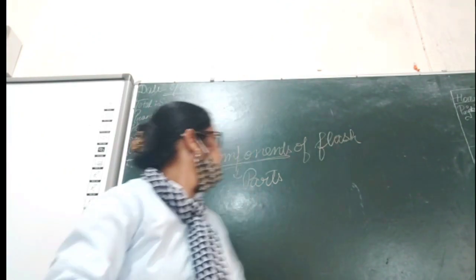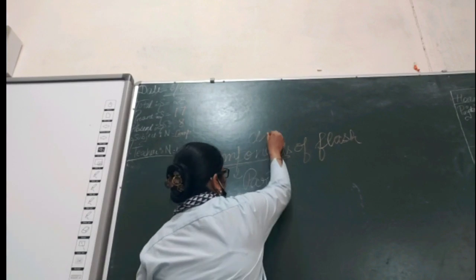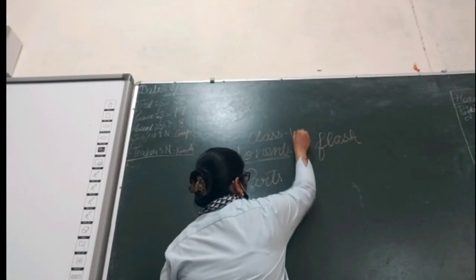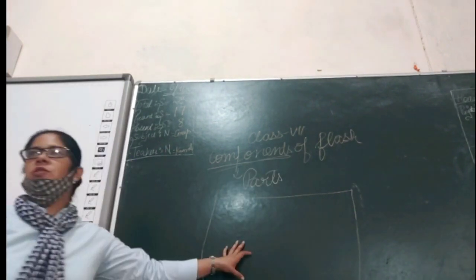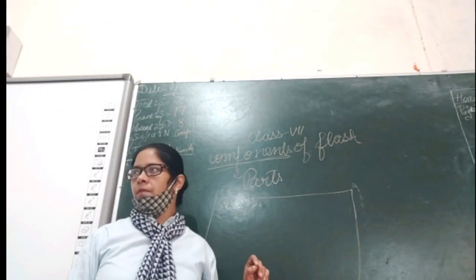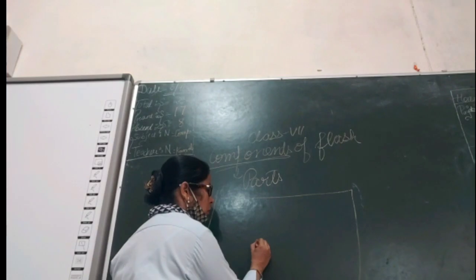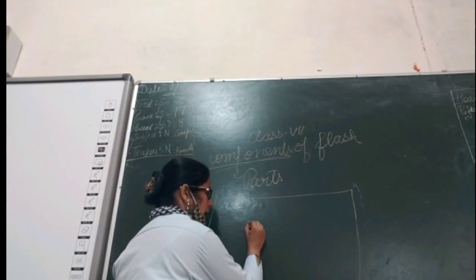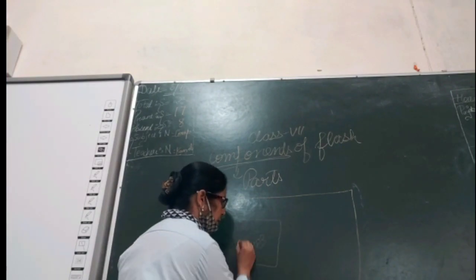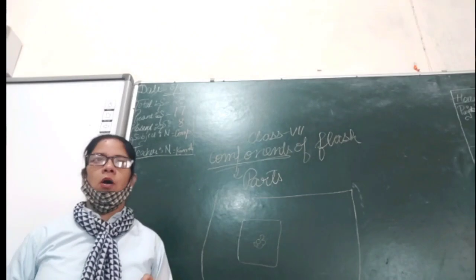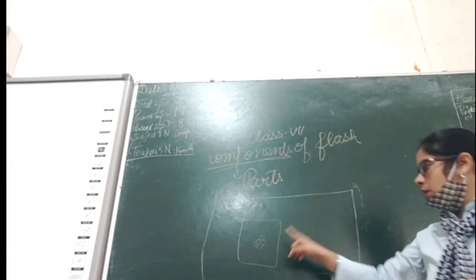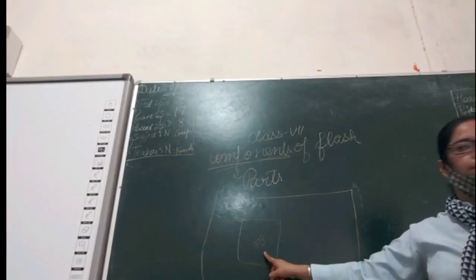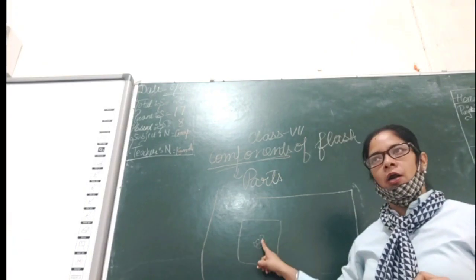First one is stage. Suppose this is your notebook, right? And you want to draw something. This is your page where you are drawing or where you are writing. This is the page where you want to write or draw.